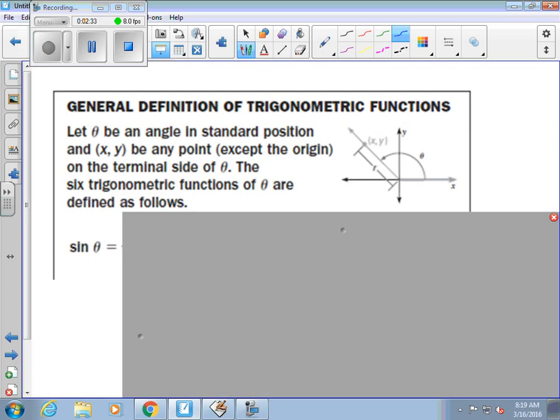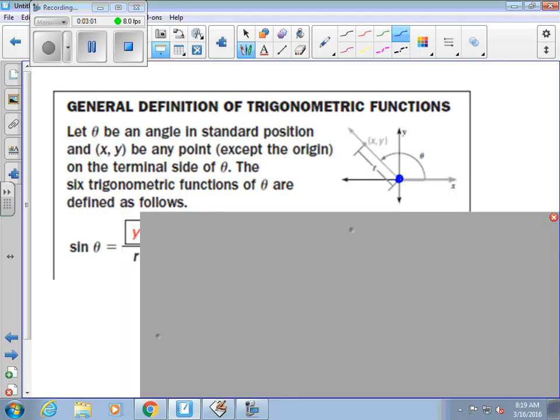Here's general definitions of trig functions. It says let theta be an angle in standard position and (x, y), or that coordinate, be any point except the origin. So you're not talking about this point here. Any point on the terminal side. The six trig functions of theta are defined as follows. The sine of theta is going to be the opposite over the hypotenuse.